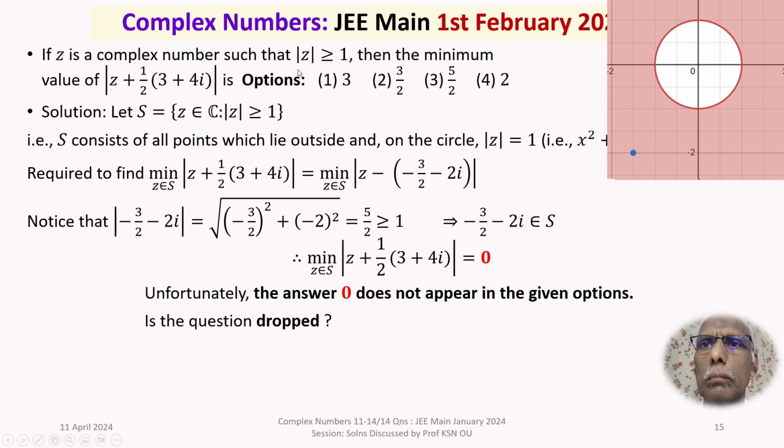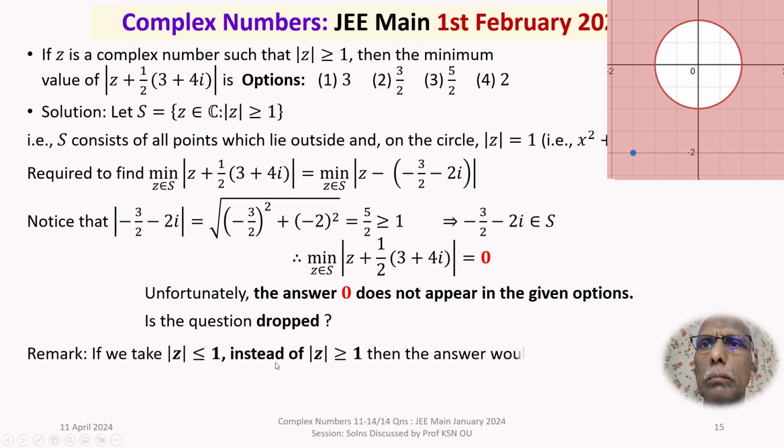That means instead of mod z greater than or equal to 1, I take mod z less than or equal to 1. If we take mod z less than or equal to 1 instead of greater than or equal to 1, then the answer would be 3 by 2, which appears among the options.